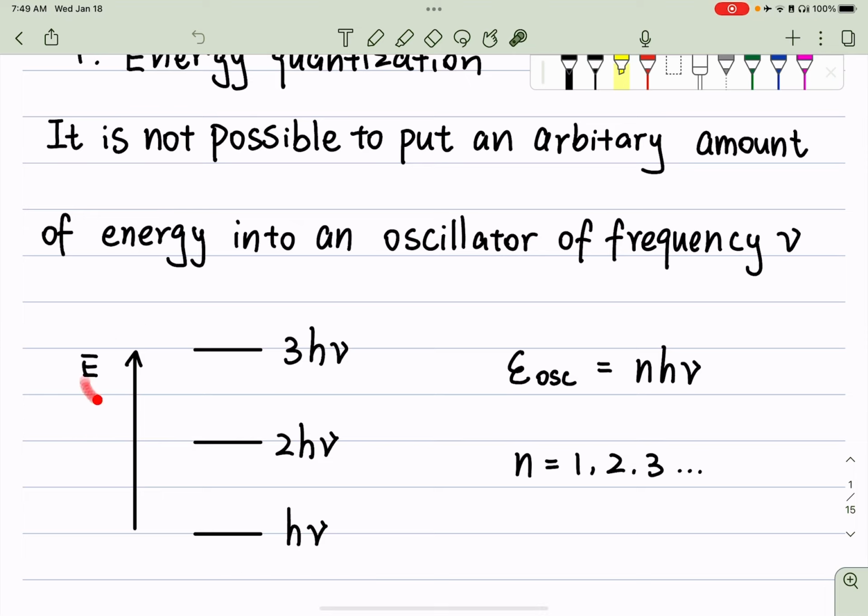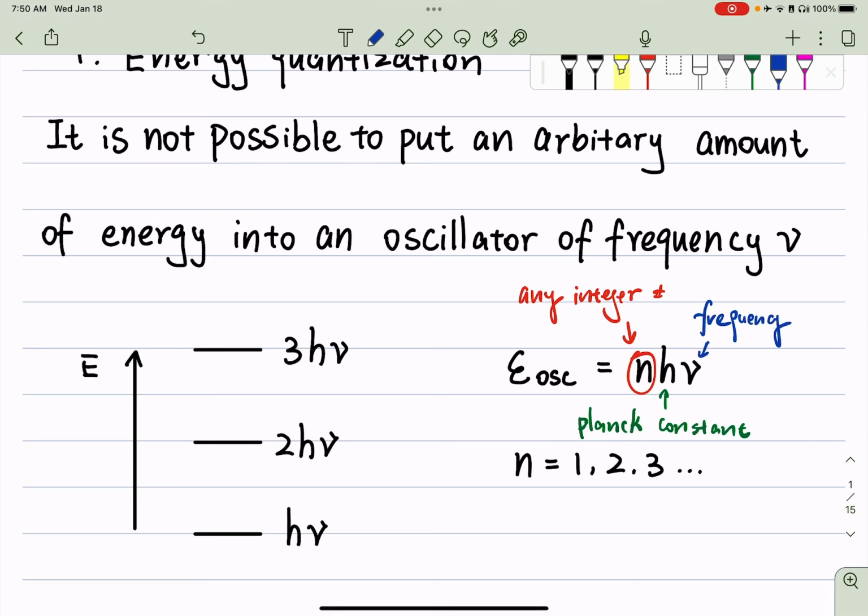I'm showing here the energy diagram for the quantized energy levels using the quantum mechanical picture. On the right hand side, the energy of any oscillator, broadly defined, must equal n, which can take any integer number, times h, which is Planck's constant, and mu, that's the frequency of that oscillator.